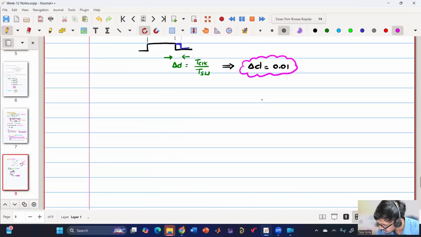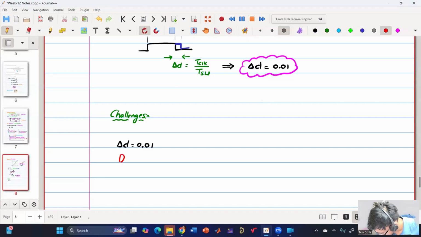So now, what will be the problematic case? Let us consider one challenge that we are going to face. It would be easy if I start with the duty ratio. Say my delta D is 0.01. Minimum duty ratio is 0.01. But my calculation says that duty ratio at steady state will be 0.305.